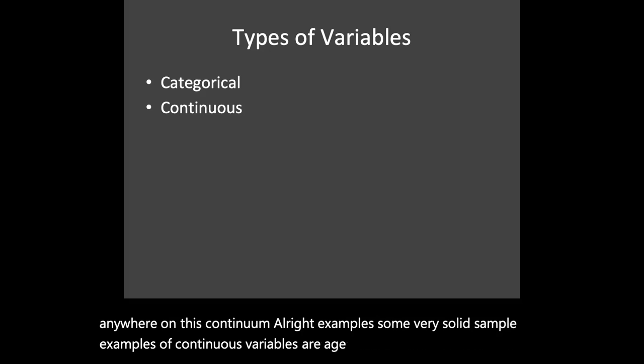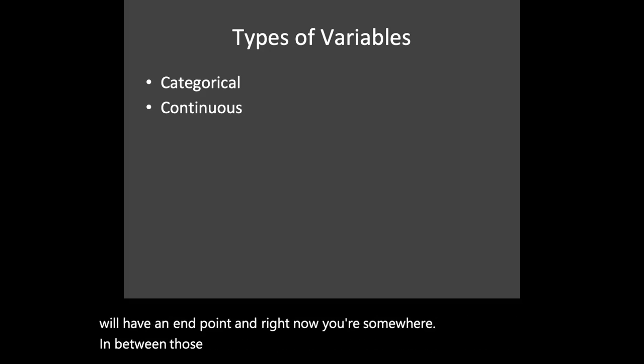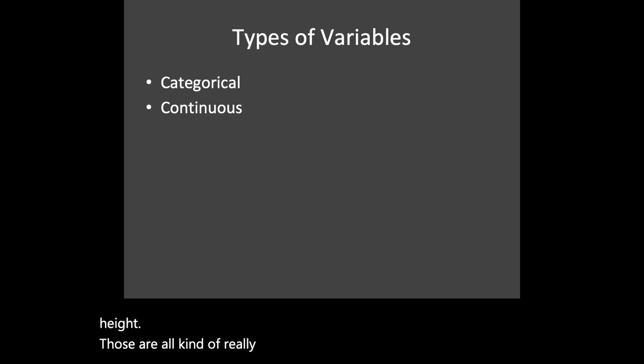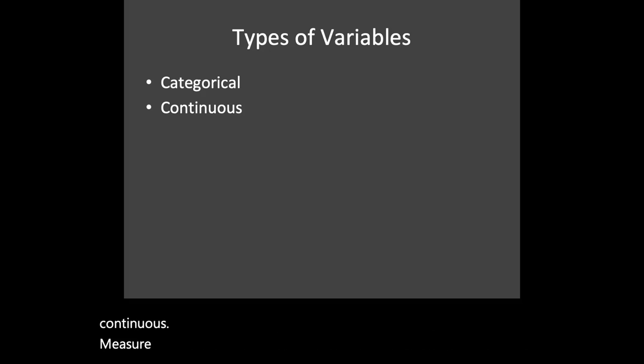You have a 0 point and you will have an end point, and right now you're somewhere in between those 2 points. Okay. Growth, height, tree growth, people height. Those are all really good examples of continuous variables. Within the field of psychology, we measure things like loneliness and happiness on a continuous measure called a Likert scale, which we will get to here in a little bit.